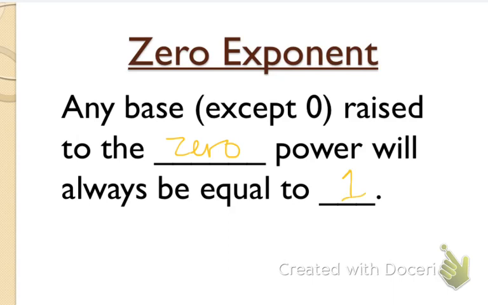So let's say in our calculator, we wanted to try 15 to the power of 0, 173 to the power of 0, anything to the power of 0. Oop, and I made a mistake here. This will always result in the answer of 1.